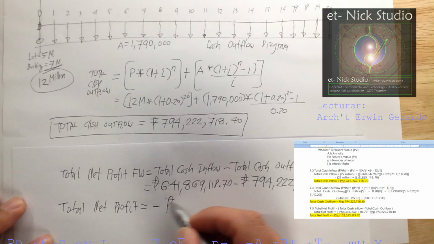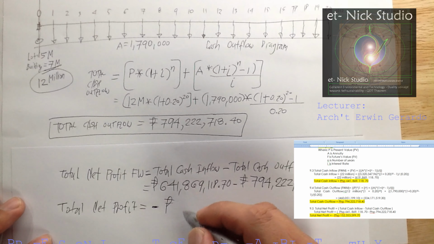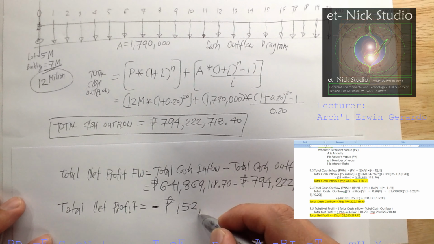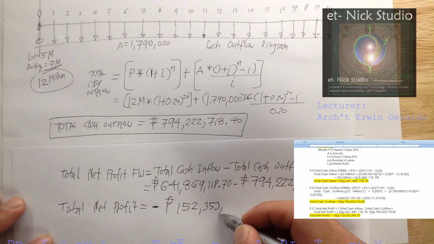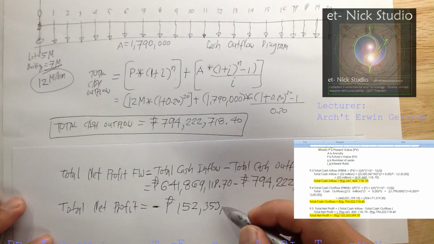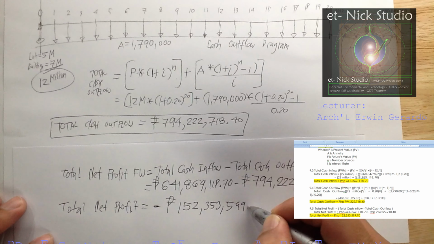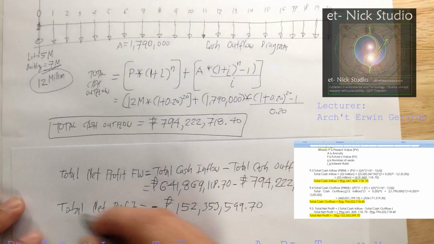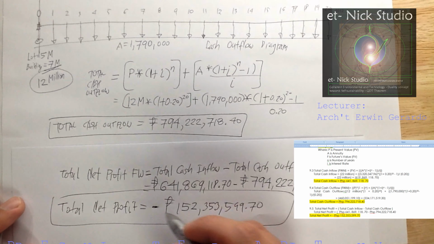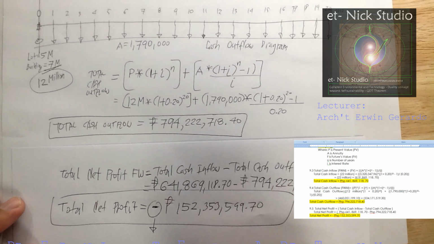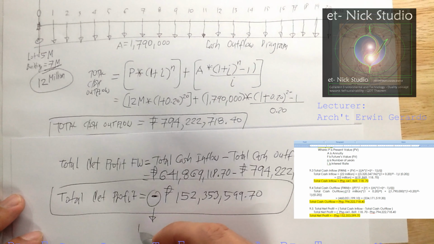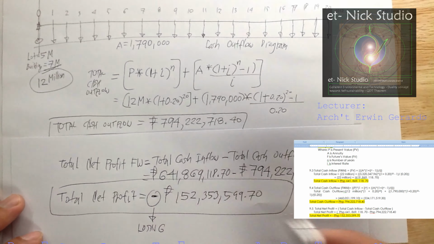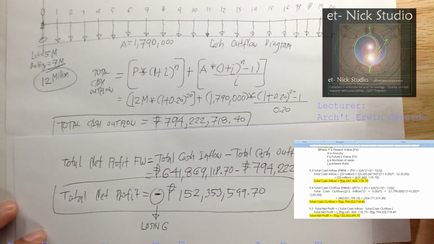So therefore, we have total net profit, which amounts to negative 152 million 353,599.70 pesos. It means that because this one is negative, it is not gaining, but instead the business is losing this much.